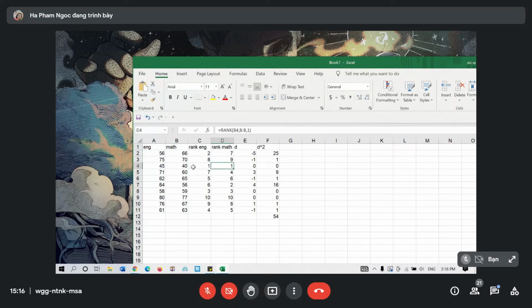Then I calculate the difference between two ranks, and the square value of D. Then I calculate the sum of square of D, and I found the sum is 54. Then I apply it to the formula, and for the next step, I write it down in my notebook.